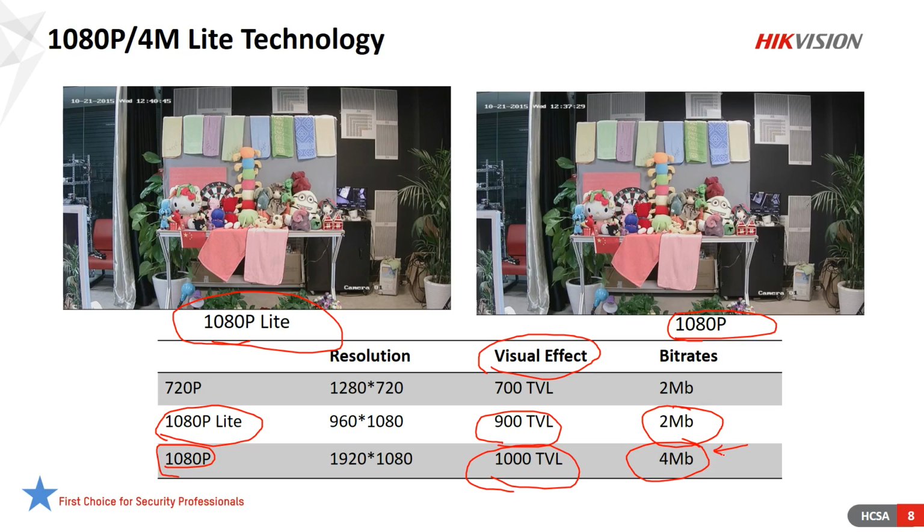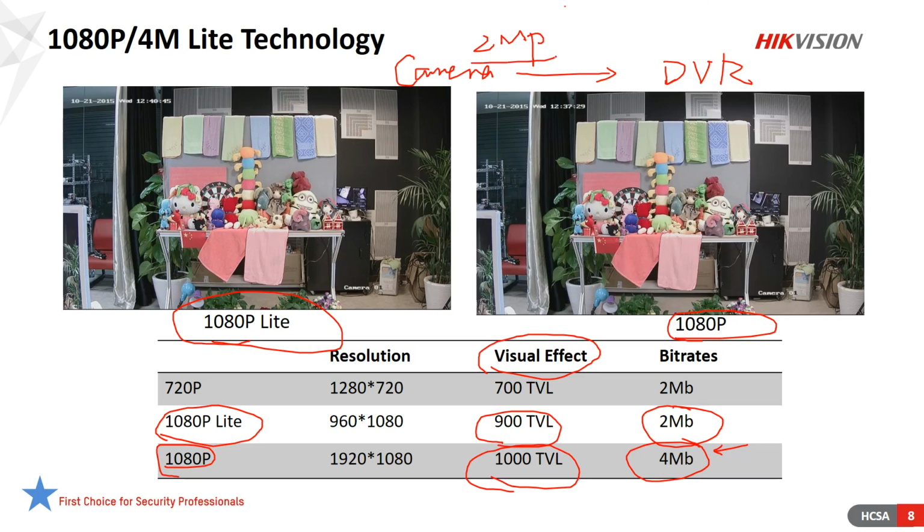So this kind of function actually can be realized on the DVR side, and this is the analog camera. So the camera is going to transmit 2 megapixel to the DVR, or 4 megapixel.